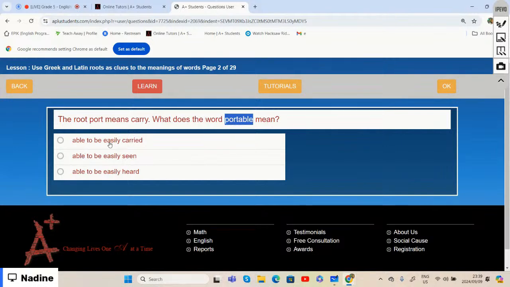Does it mean able to easily be carried, or able to be easily seen, or able to be easily heard? Which one is correct?